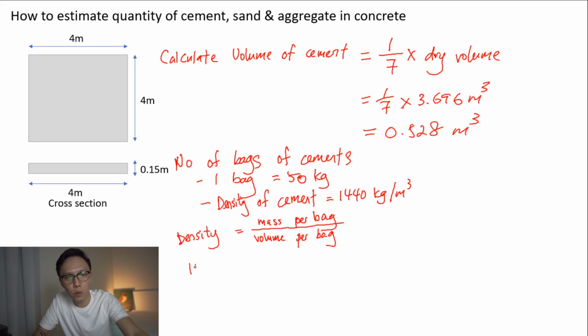So the density is 1440 and the mass per bag is 50 kg, and this is the volume per bag that we are looking for. So you bring volume per bag up, you put the density down, and you get the volume per bag of the cement.